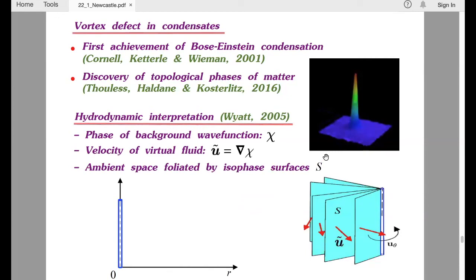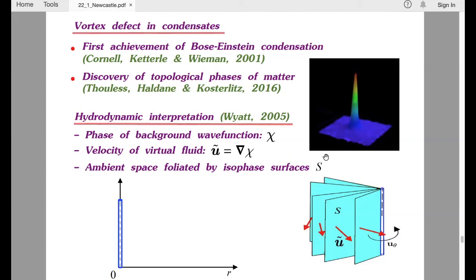Well, the ambient space is filled by isophase surfaces S of the wave function chi, where chi is a constant in value. So you may think of what is called, mathematically, the open book decomposition of the ambient space. You think of your infinite space foliated by these isophase surfaces as the pages of a book.